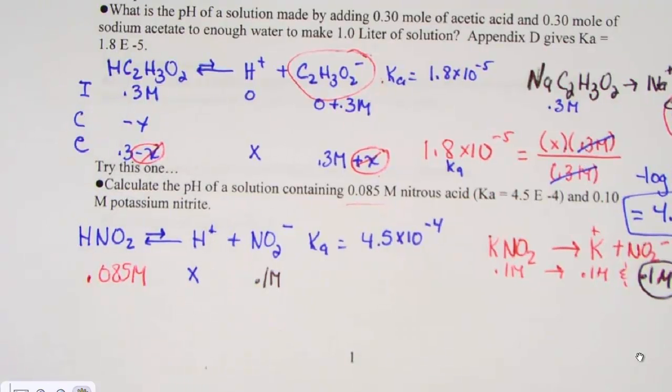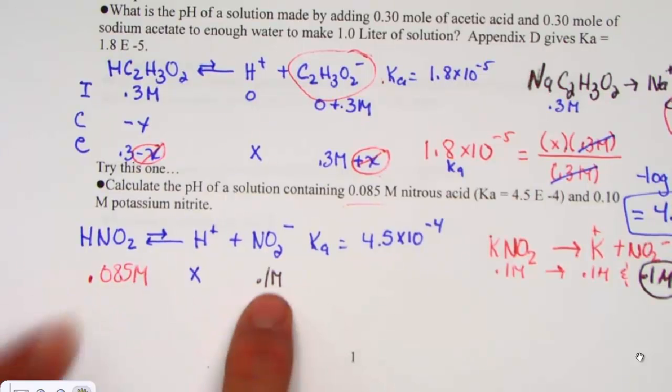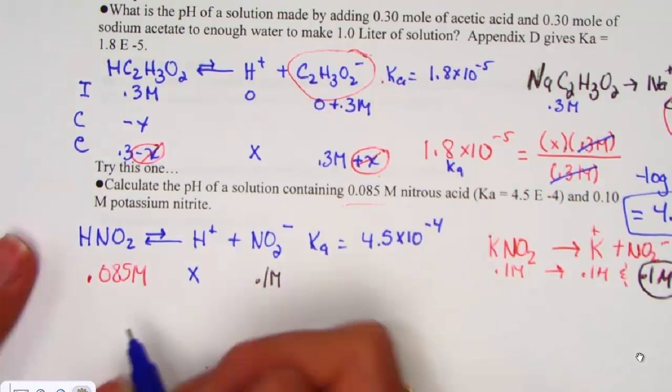I know technically this should be 0.085 molar minus X, and this should be 0.1 molar plus X. But let's assume that the concentration of nitrite coming from this dissociation of the acid is so small, negligible, it's not worth measuring.